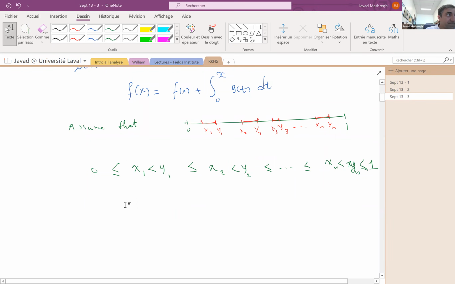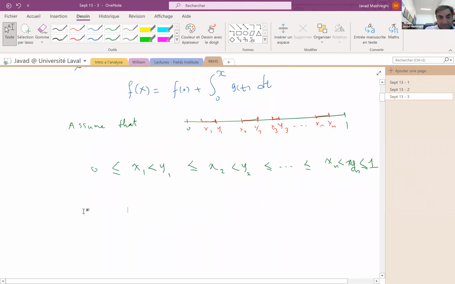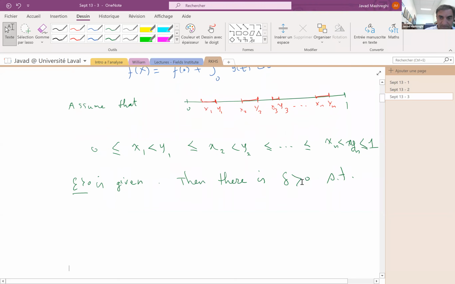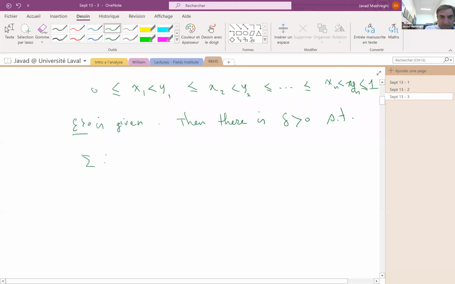So assume that epsilon is given. Then there is a delta such that if the sum of the lengths, not just one of them, (y1 minus x1) plus (y2 minus x2) up to (yn minus xn), the sum of yj minus xj is less than delta, then you can conclude that the sum over j from 1 up to n of the absolute value of f(yj) minus f(xj) is less than epsilon.